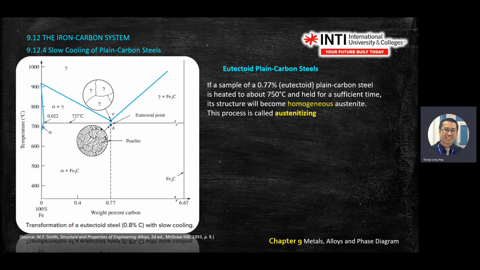Now we learn eutectoid. If a sample of 0.77% eutectoid plain carbon steel is heated to 750 degrees and the temperature is maintained, the structure will become homogeneous austenite. The process is called austenitizing.